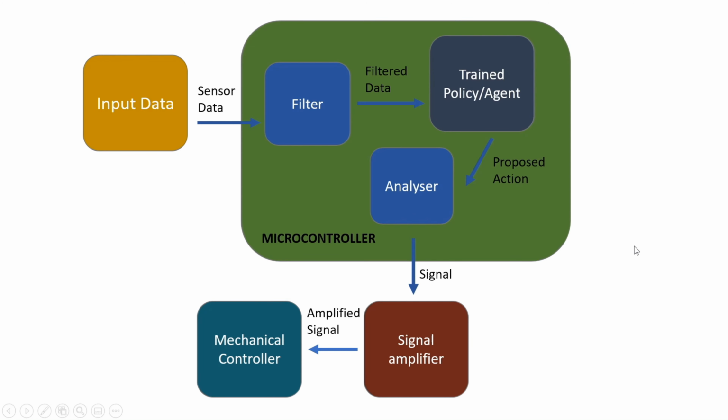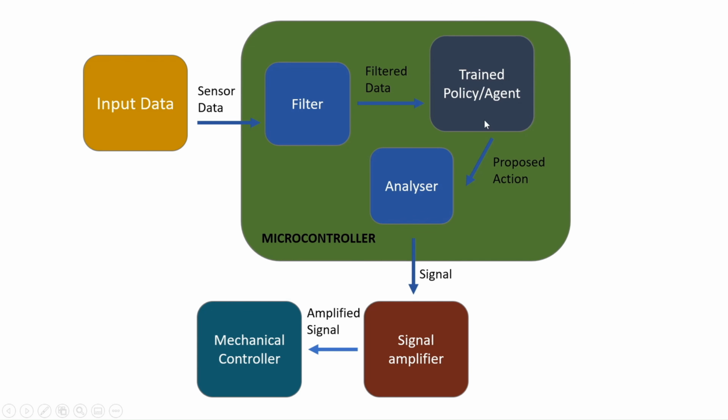Last but not least, I think it will be interesting to see how to actually deploy in full scale. Obviously, the microcontroller will not have enough power to control the movement of the whole turnout. So here is a simplified diagram on how you might be able to do so. You feed the input data through a filter to filter out the noise.